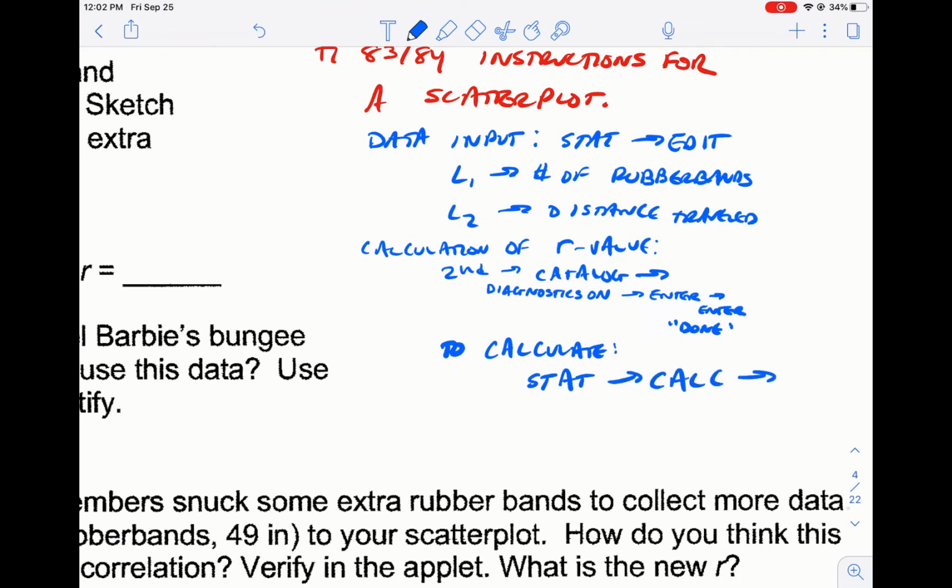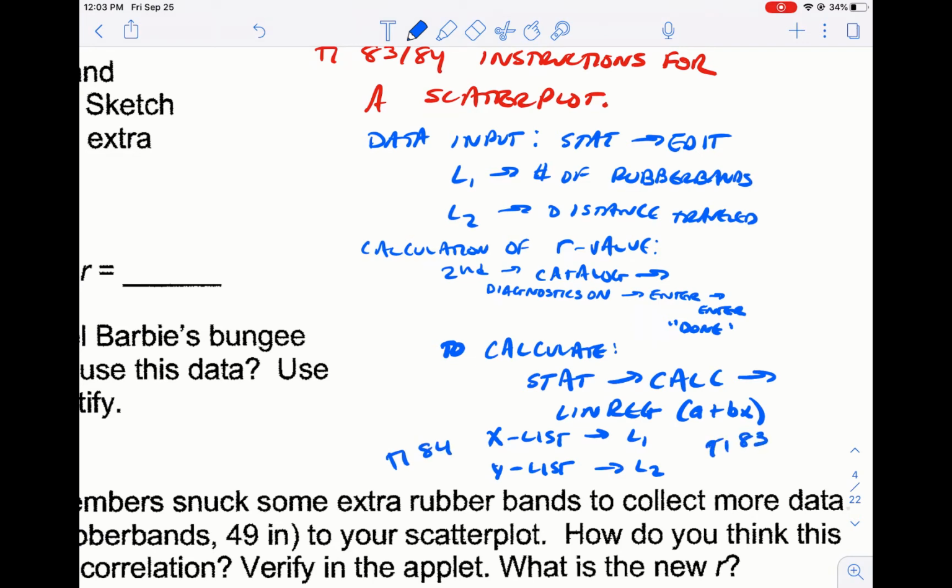You're going to go to Calc. You're going to go to lin reg, and it'll say A plus BX. And you want to make sure that your X list is L1 and your Y list is L2. And these are the TI-84.